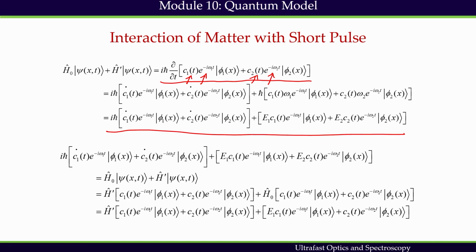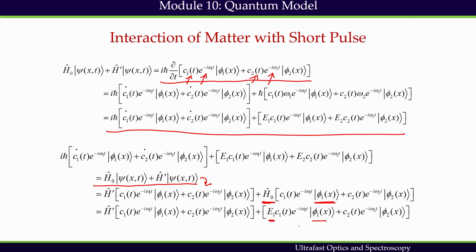And after doing that, we can rewrite this equation one more time, and here also we can insert the same expression for psi, a superposition state. When we insert that, we get a certain value, because if this H naught is applied on the phi 1 state, we get E1 multiplied by phi 1.